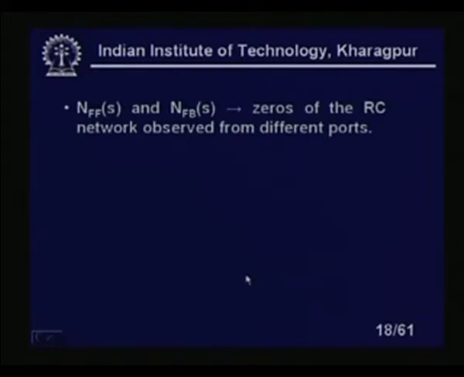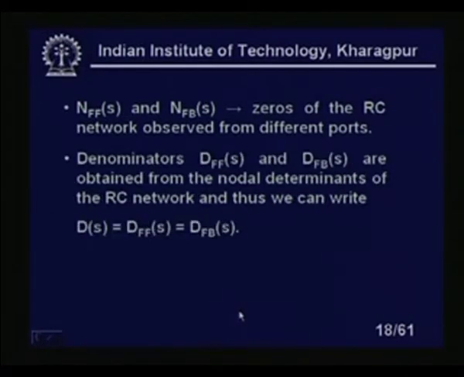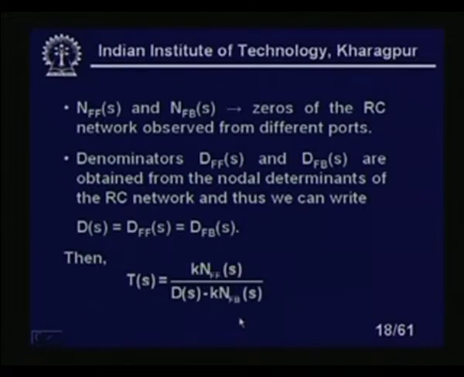Let us look, NFF(s) and NFB(s) are zeros of the RC network observed from the different ports. Denominators DFF(s) and DFB(s) are obtained from the nodal determinants of the RC networks, and thus we can write D(s) equal to DFF(s) equal to DFB(s). Then these equations can be simplified as T(s) equal to small k NFF(s) upon D(s) minus k NFB(s), right.